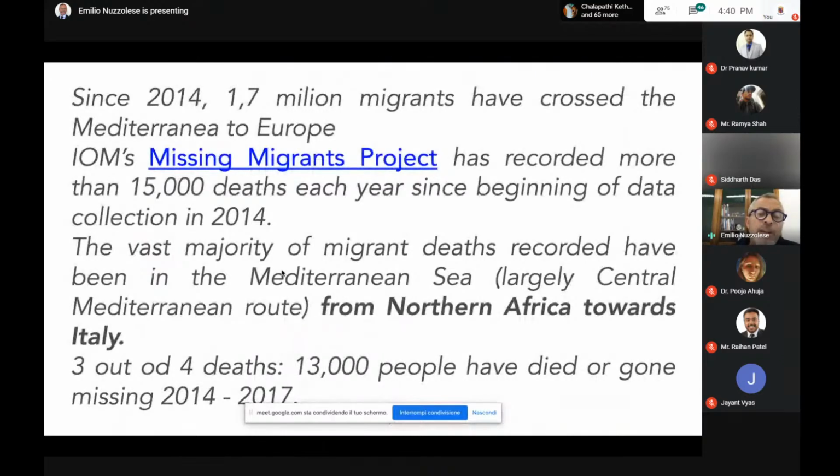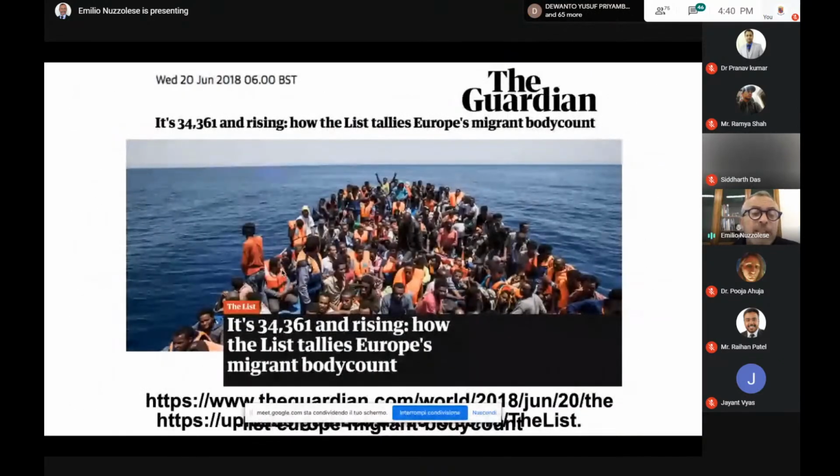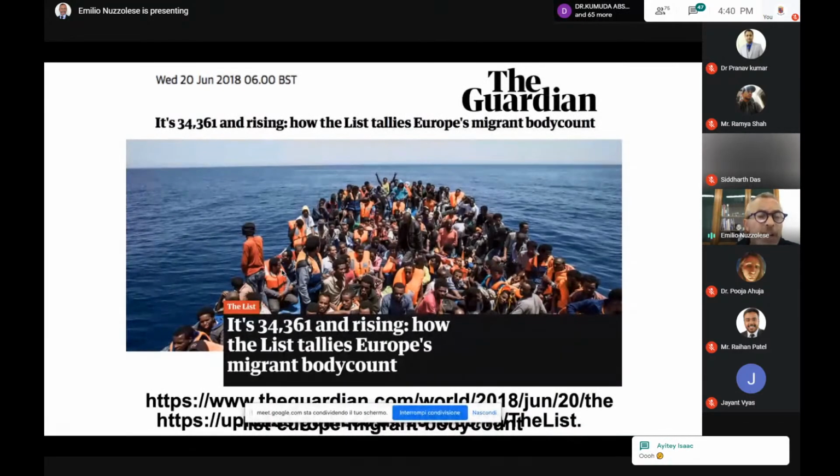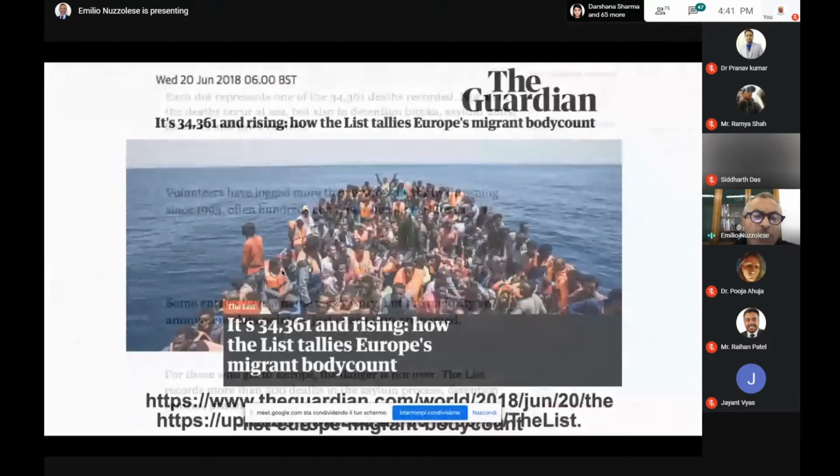Another issue related to identification is the migrants. The number of unidentified migrants crossing the Mediterranean Sea to come to Europe is more than 34,000.